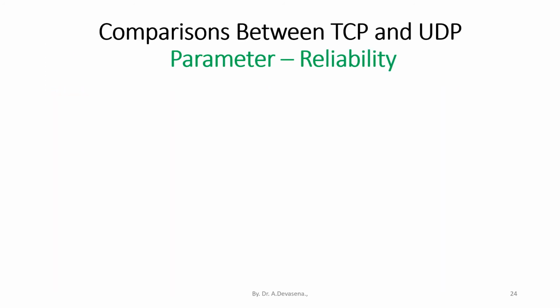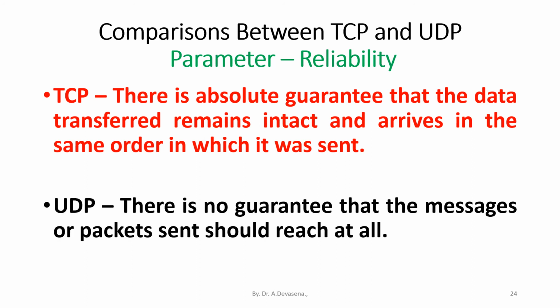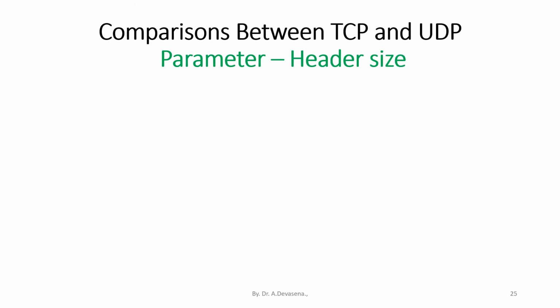Now we consider the parameter reliability. In TCP, there is no absolute guarantee that the data transferred remains intact and arrives in the same order in which it was sent. But in UDP, there is no guarantee that the messages or packets sent will reach at all. Now we consider the parameter header size.